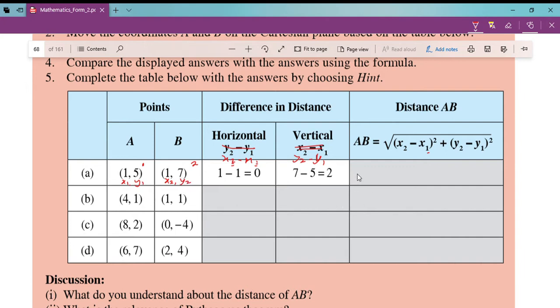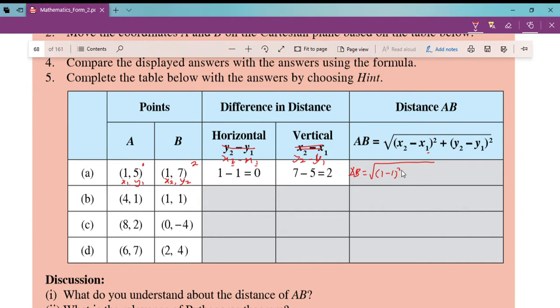So let's apply the formula and calculate the distance. To calculate the distance AB for case A, we're going to substitute. AB is equal to square root of x2 minus x1. In this case it has the same value: x2 is 1, x1 is also 1.